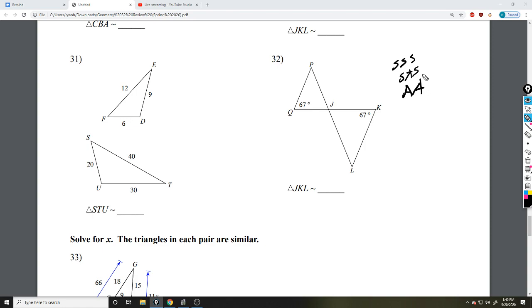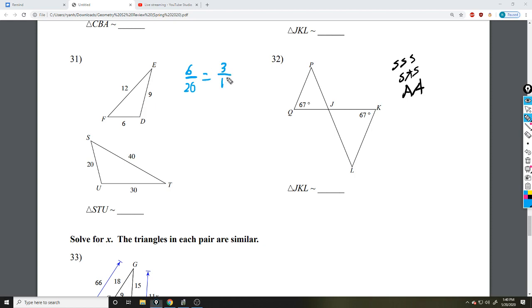On 31, we're going to try and use side, side, side. Because all we know is the sides. We don't know anything about the angles. So we're going to set up some ratios. This color was our sides. So let's set up. We're going to start with the smallest side, and we're going to set it up with the smallest side. So smallest side here was 6. We're going to match it up with the shortest one here, which is 20. 6 over 20, those are both divisible by 2.